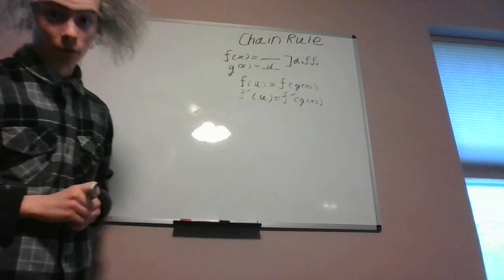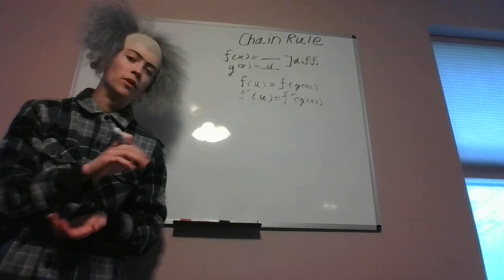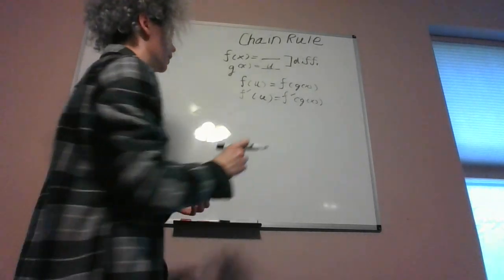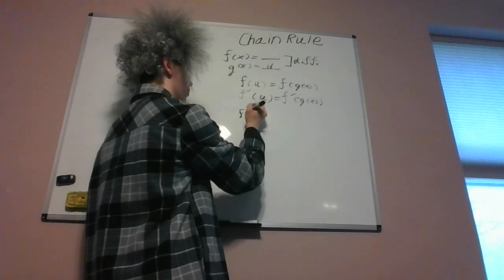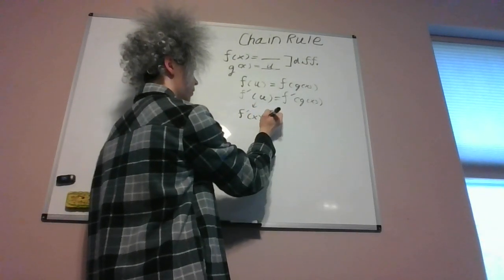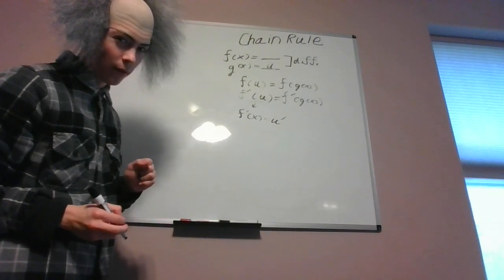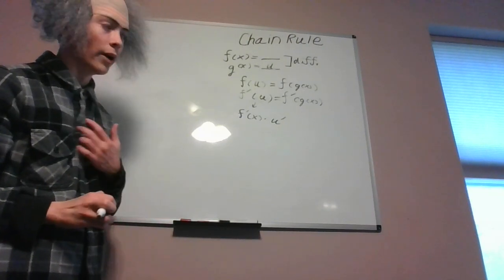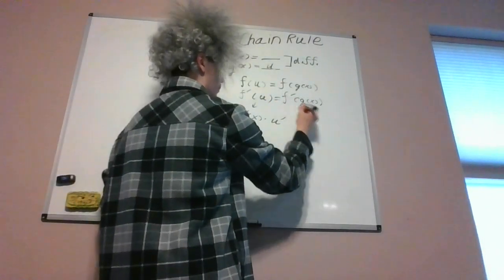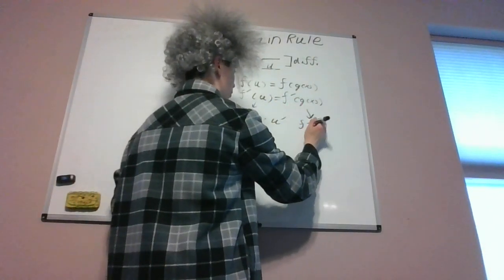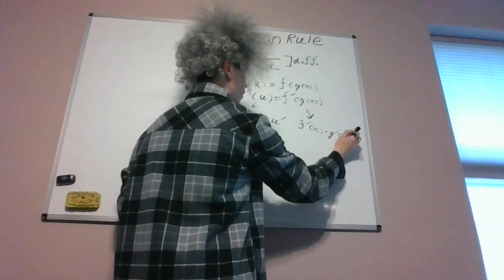This is what the chain rule is describing, because it's a more complicated step when we have these composition functions. F prime of u here is actually going to equal f prime of x times u prime. Weird to think about, but I'll give you an example here, the way I think about it, that makes a bit more sense. Same thing over here. This derivative is going to equal f prime of x times g prime of x.